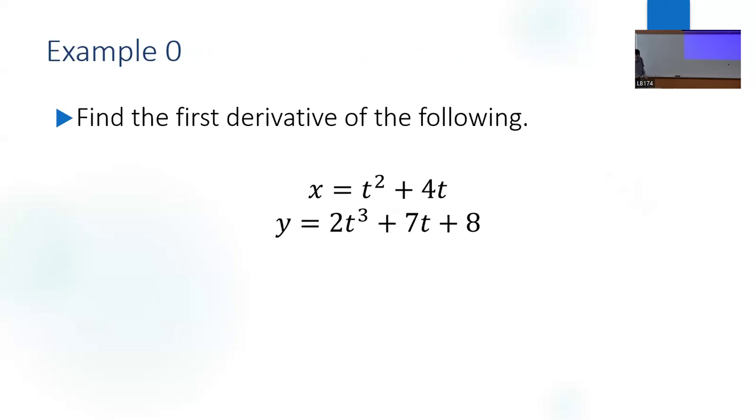But let's take a look at an example. Let's say I have the parametric equations that you see there. x is equal to t squared plus 4t. y is equal to 2t to the third plus 7t plus 8.